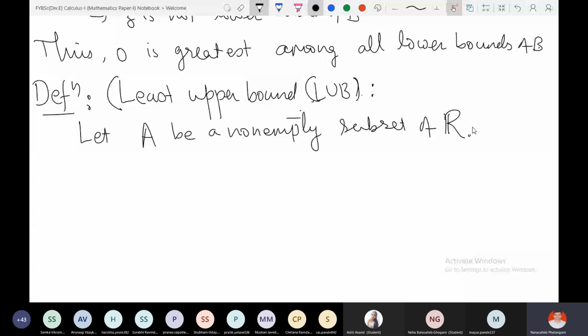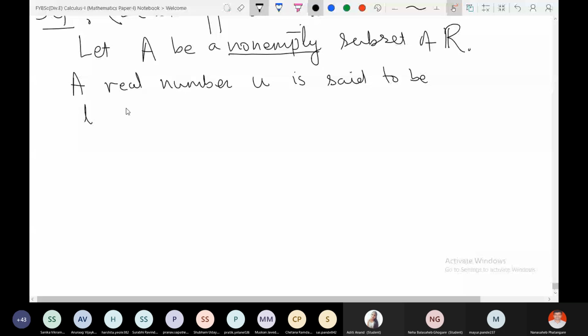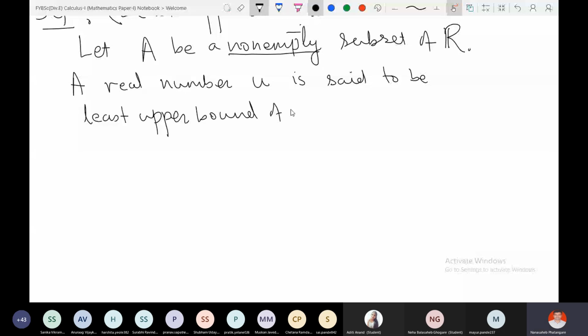So a real number U is said to be the least upper bound of A if the following conditions are satisfied.